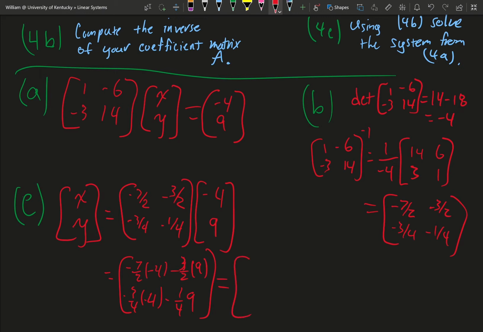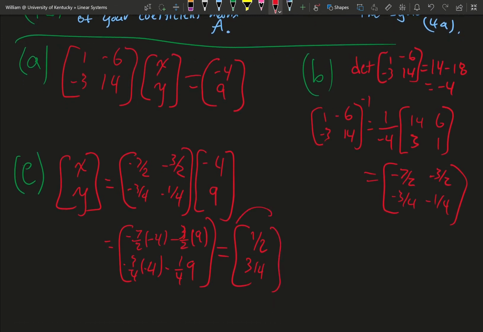So that's going to be a positive 1/2. And for the other one, we're just going to have positive 3 minus 9/4. So 12/4 minus 9/4, 3/4. And so we can write it like that, or we can say x equals 1/2 and y equals 3/4. All right. So that was the warm-up.